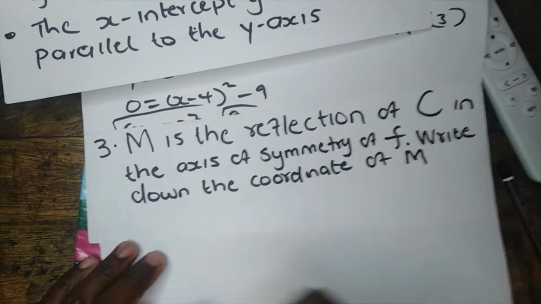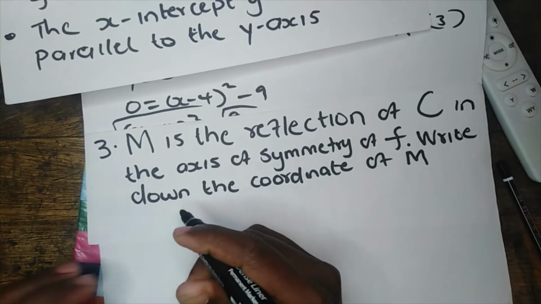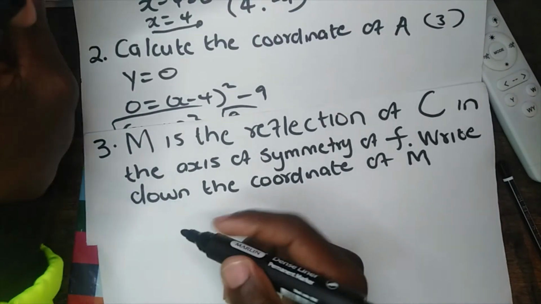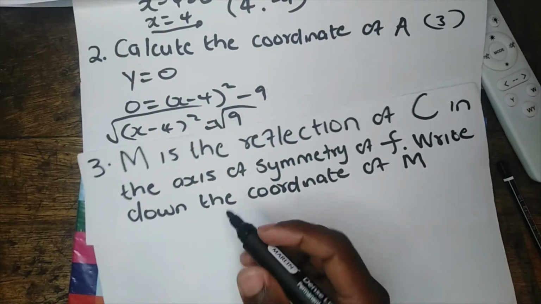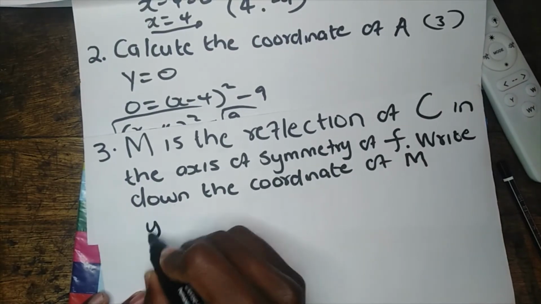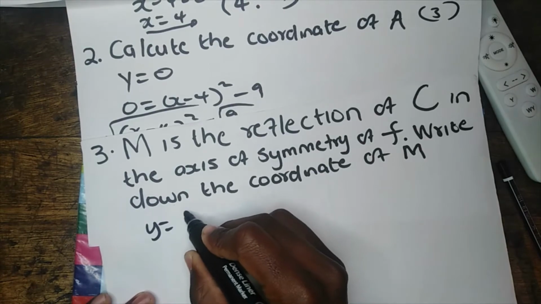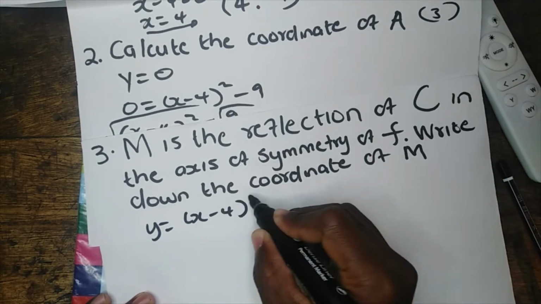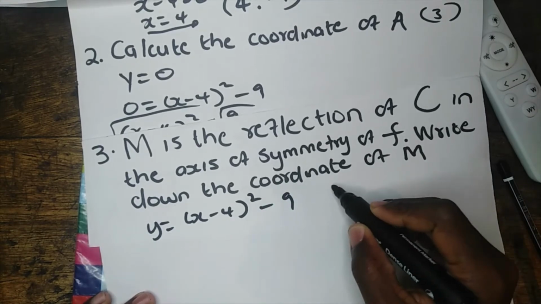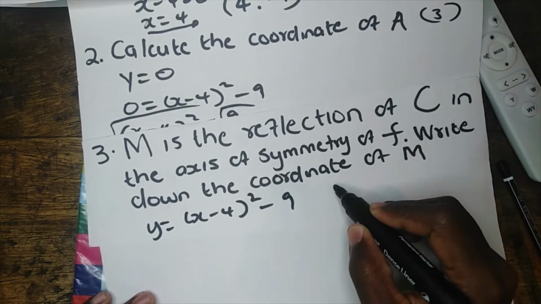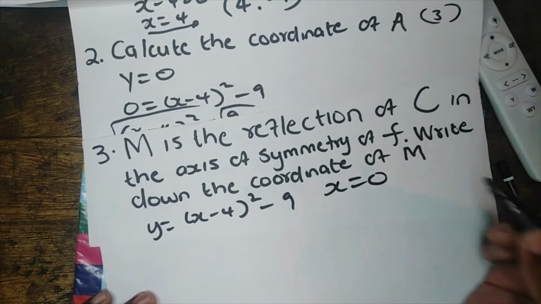So first let's solve, guys. There's the original equation. The equation says y is equal to (x minus 4) squared minus 9. But here we make x equal to 0, right?